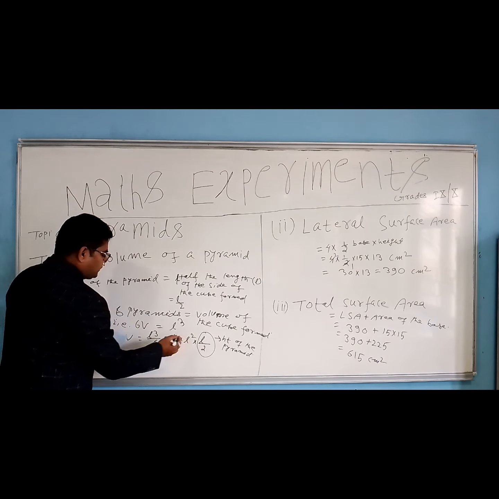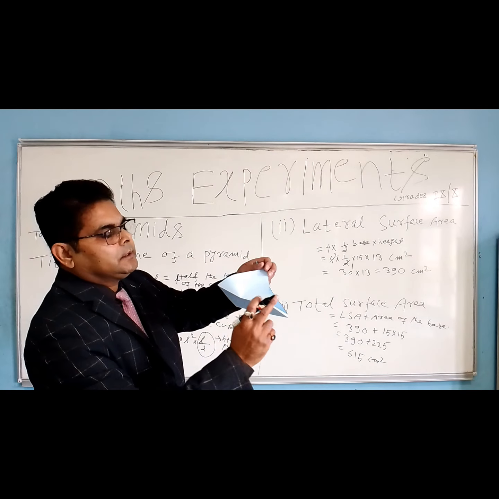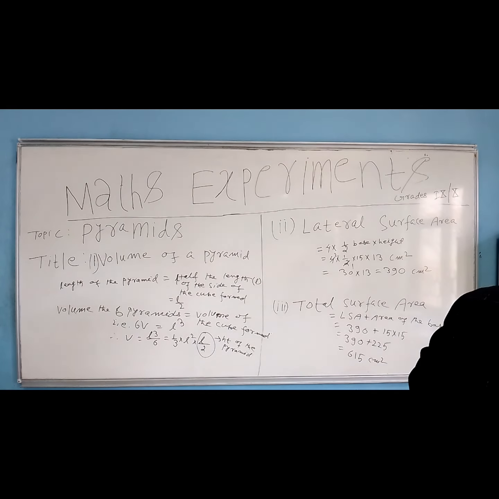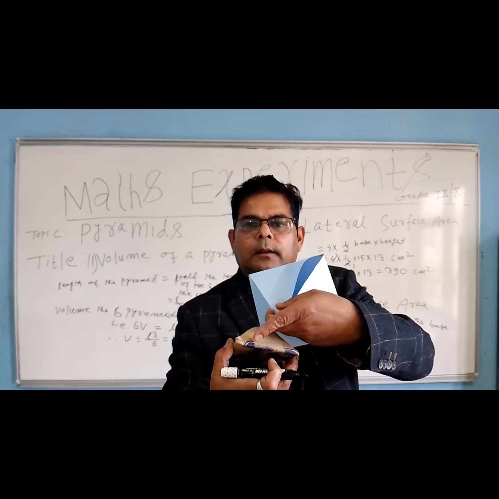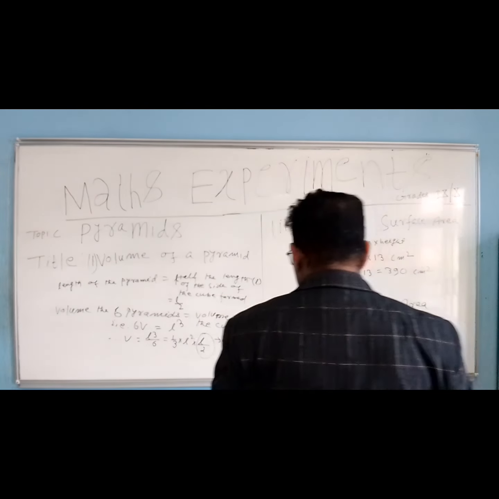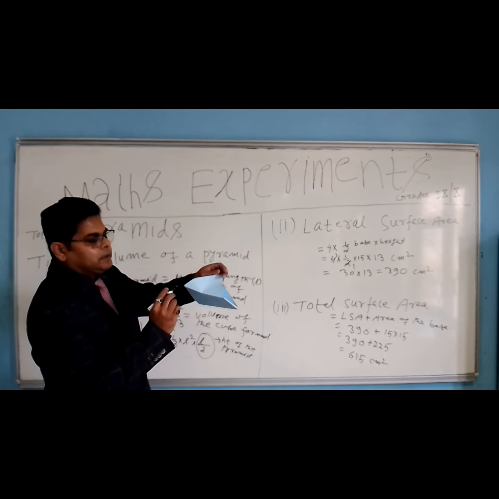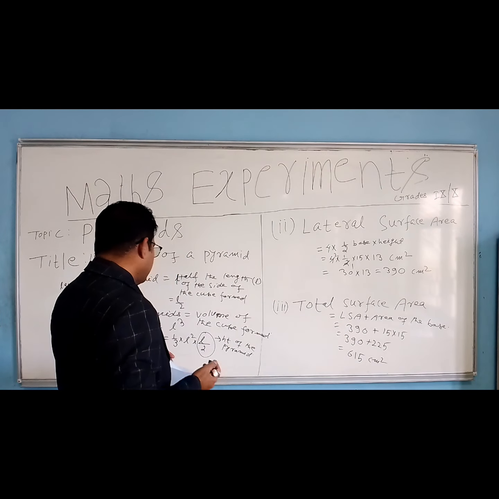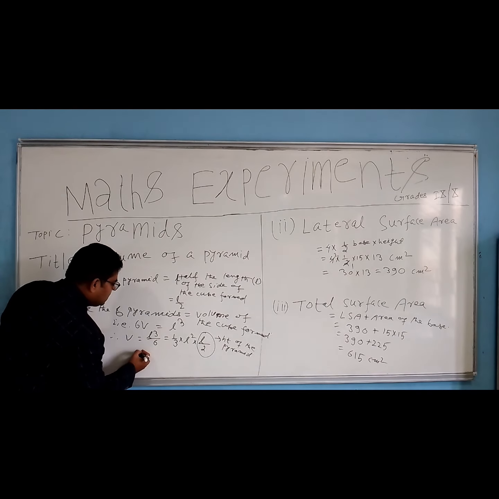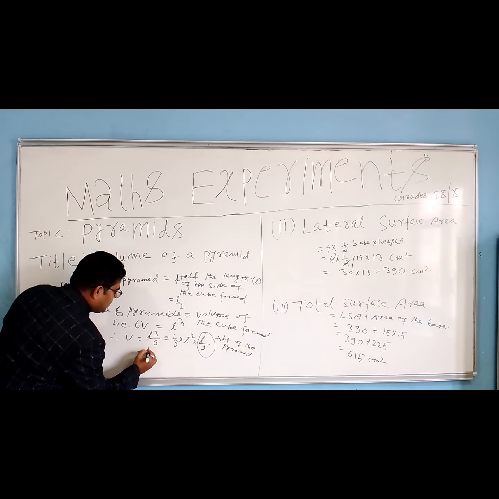And L square, if you talk, this side length is L, or you can suppose here also the length of each side in the square is L. Alright? So L square means L times L. That is the area of this base. So what you can write here? This is 1 by 3.